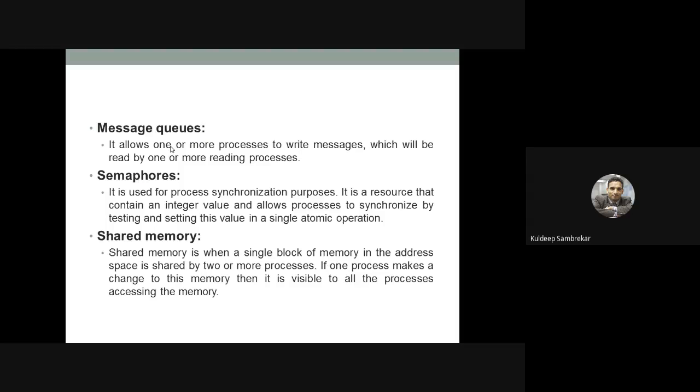That is what we have seen in banks also, in DBMS, like the transaction concept. If either process makes changes, the other processes accessing the memory will also see the reflection of the changes. So these are the three different means for which we can go for inter-process communication.